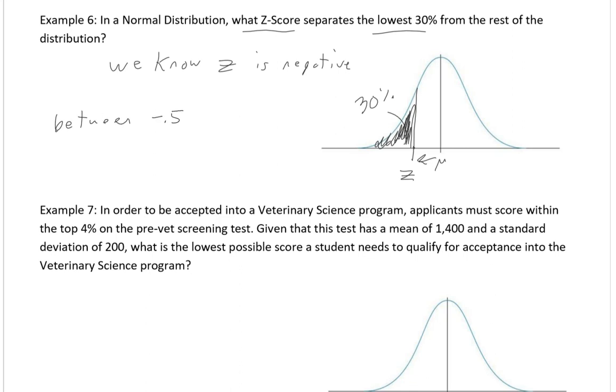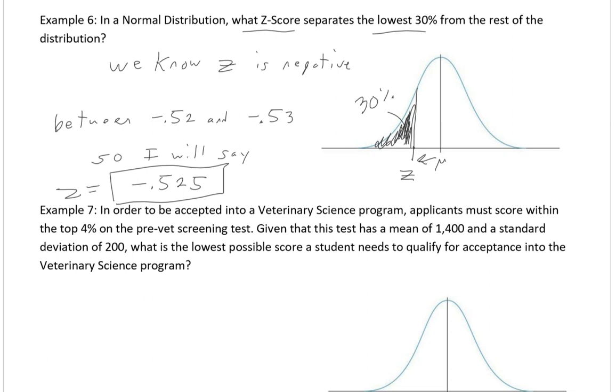So I will say the number that's right in the middle of those, or the average of them, negative 0.525. That's what I would say is the answer. So that would be my answer for my z-score.